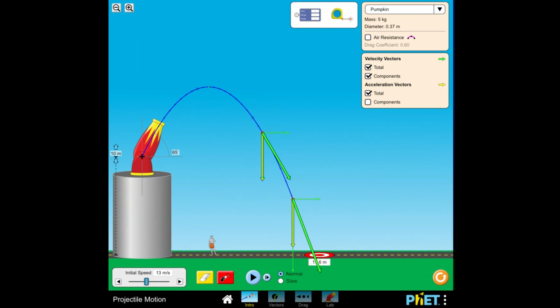They never have an x component. That means when we think of the acceleration as a vector, it itself has components, an x component and a y component, but its x component is always 0 because it never points to the right, it never points to the left, as long as there's no air resistance. The other important thing here is that the x component of the velocity never changes.